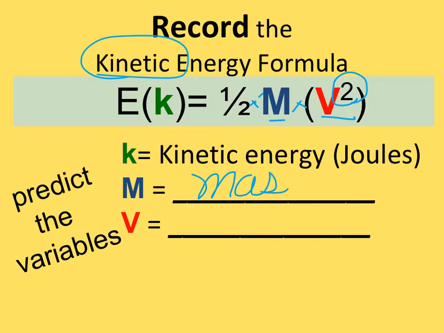So mass is one thing we need to measure when we measure kinetic energy, and we'll measure that mass in kgs, or kilograms. The other thing we want to know if the object is in motion is its velocity, which is in essence measuring its speed, how fast it's moving.